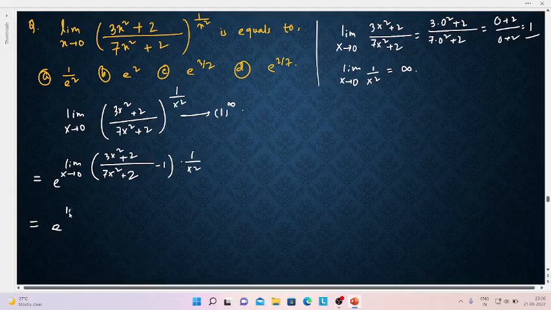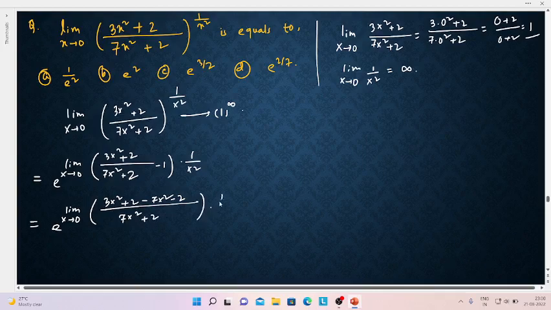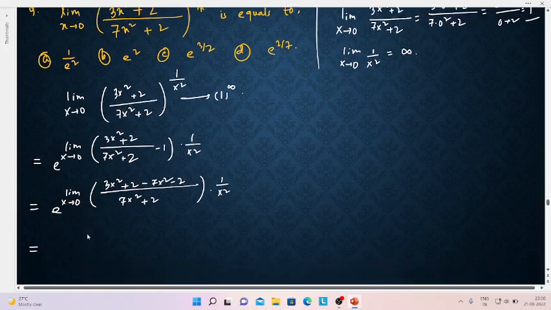So if we calculate a little bit, it will be limit x tends to 0, 3x square plus 2 minus 7x square minus 2 in the numerator, right? And in the denominator we have (7x square plus 2) times 1 over x square, right? So it is nothing but e to the power limit x tends to 0.